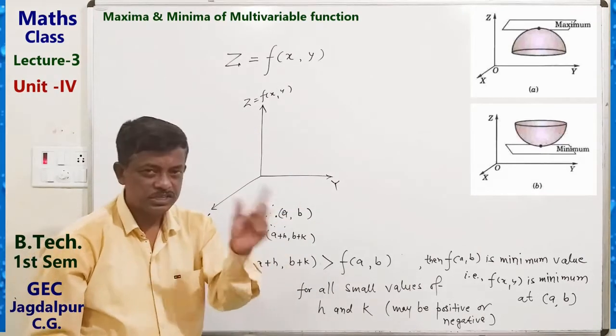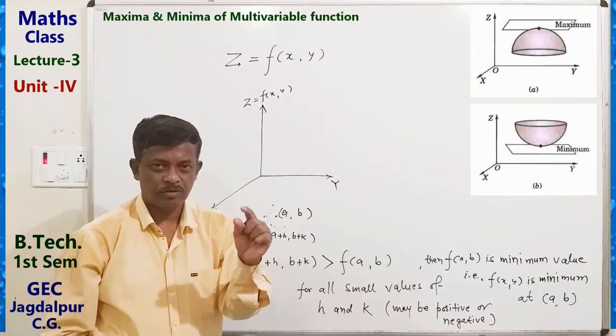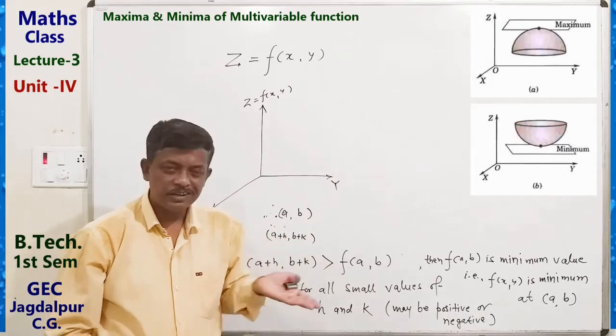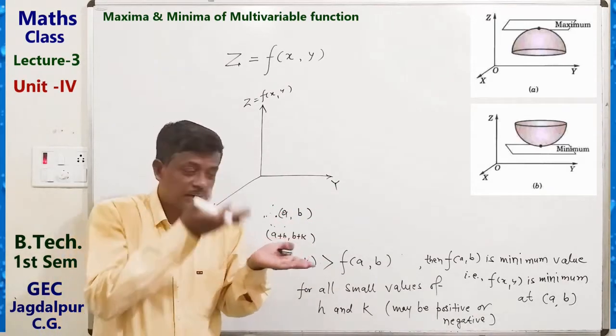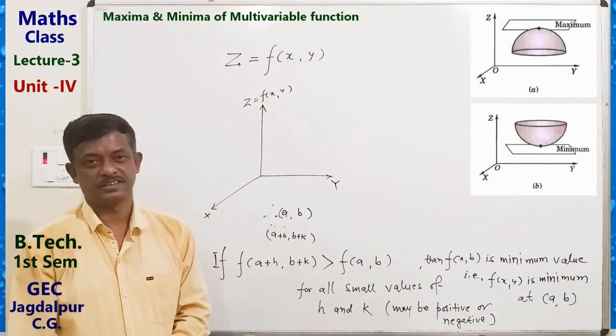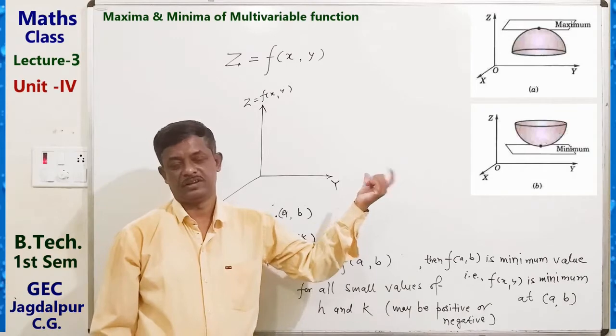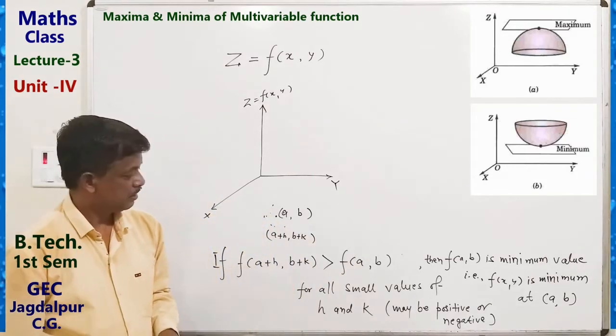And around this, the values on the surface, that is the values of z, are greater than at that point. That is, this is greater than this for this neighborhood point. Okay?